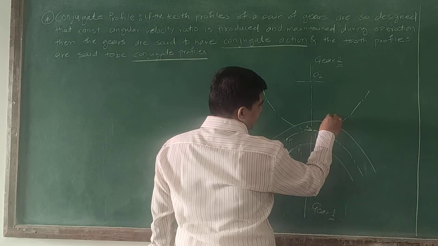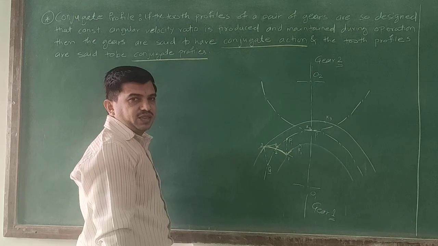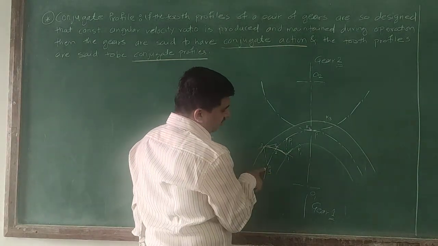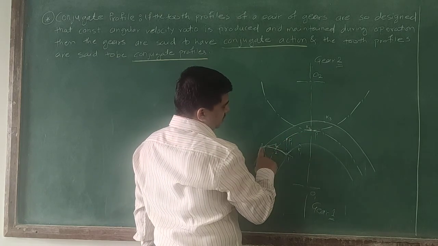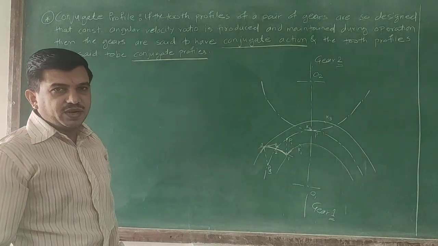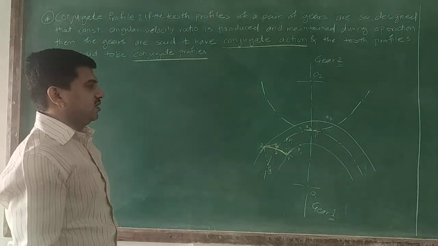We will be getting another point which is nothing but the point number K3. You can imagine this. See, whenever P3 point will be coinciding with P point, then this gear tip profile will be over here, like this. Are you getting me? That is why that point is nothing but the K3 point.